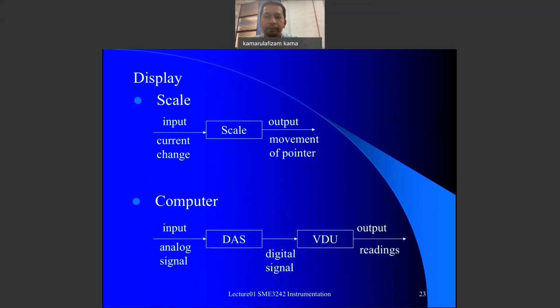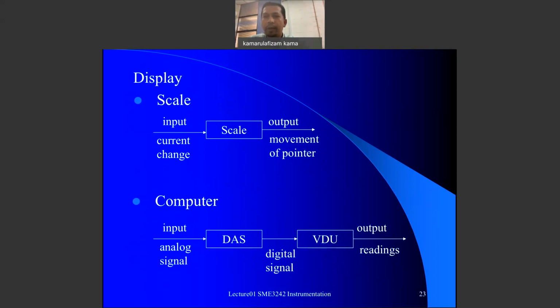The display is very easy to detect. For example, you have your weighing scale. When you get up onto a weighing scale, you can see the meter changing and start giving you a reading. So those are some kind of display, but in analog form. And of course, you can always find a display in digital form, which is in terms of LCD and all that.